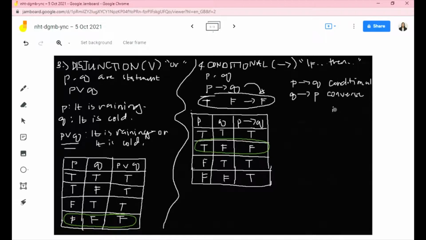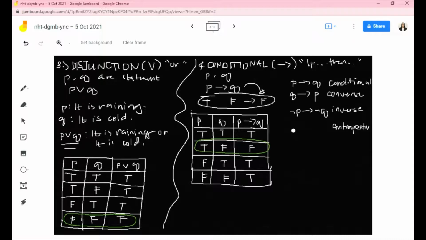Now we also have the inverse. What is this inverse? The inverse is simply the negation of your conditional. That becomes from P, it's not P. Copy the conditional sign, and Q, its negation is not Q. So if we have a negation for the conditional statement, then we also have a negation for the converse, and that is called the contrapositive.